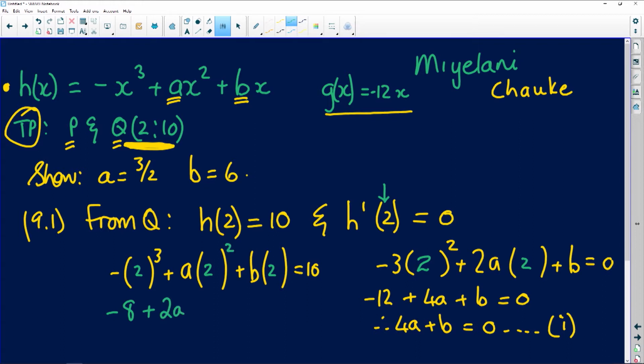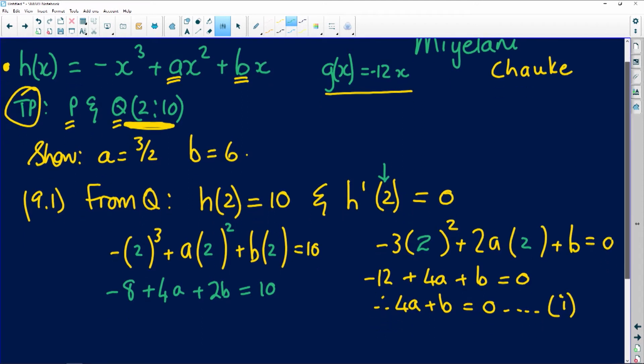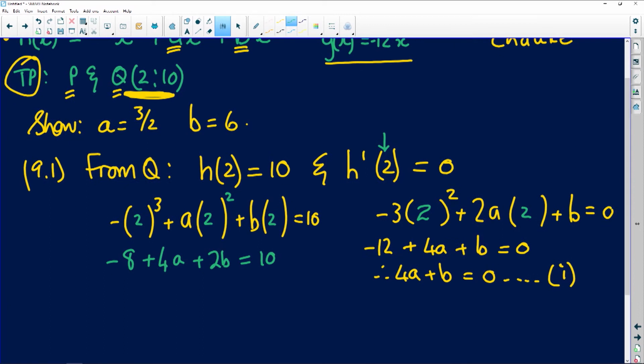That's actually a square, so it's supposed to be 4a. Let me just fix that. That's 4 times a plus 2 times b equals 10. Let's throw over the 8. So I get 4a plus 2b is equal to 18. Then I can divide by 2. I get 2a plus b, which is equal to 9.